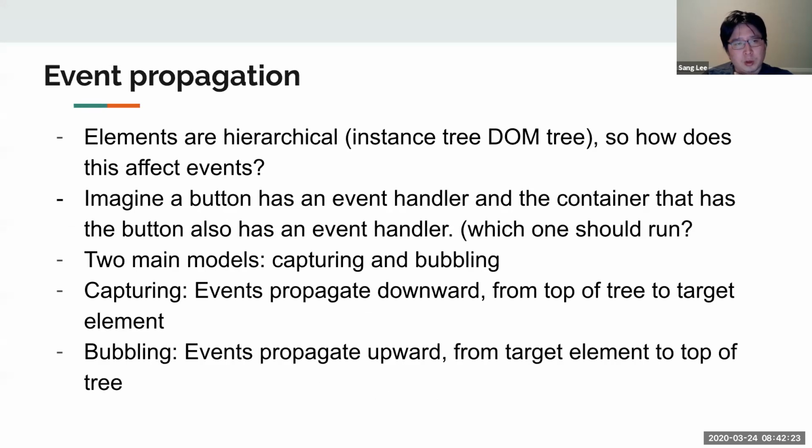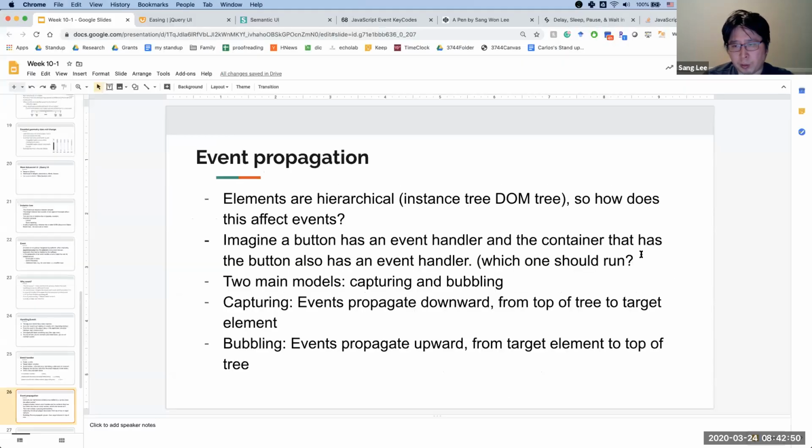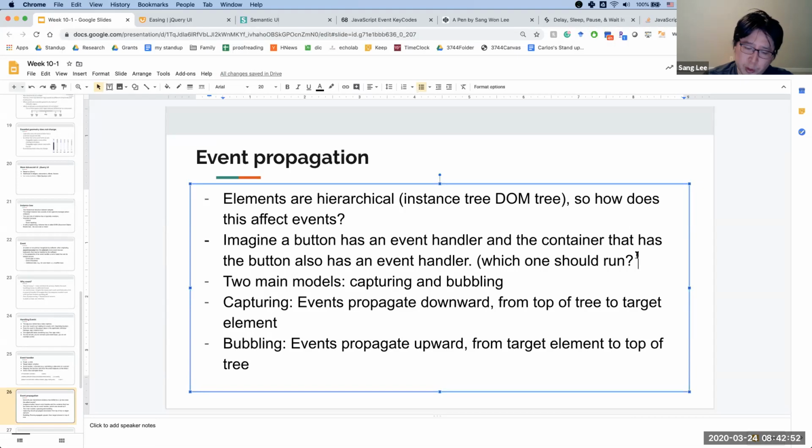And we went on to talk about event propagation. Elements are hierarchical. We can think of an instance tree or DOM tree, but how does this affect events? Imagine a button has an event handler, and the container that has the button also has an event handler, and which one should run? The answer is both of them, because both of them are clicked.